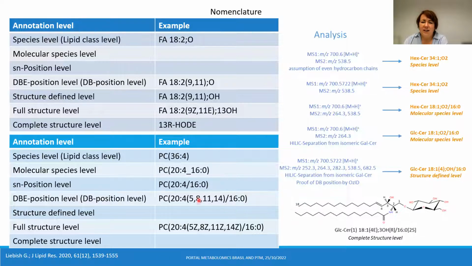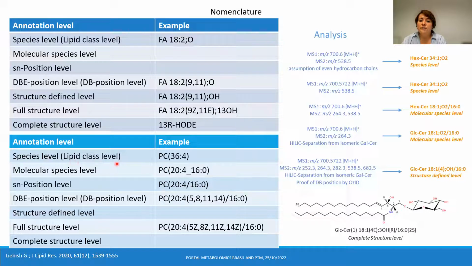They provided an absolutely fantastic, really detailed and profound explanation about different levels of annotation and how to turn these different analytical information into correctly presented names of the lipids. So here I have two examples, for fatty acid and for phosphocholine. Maybe because of time I will jump to the second example.